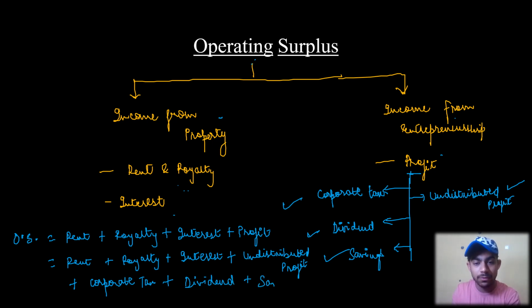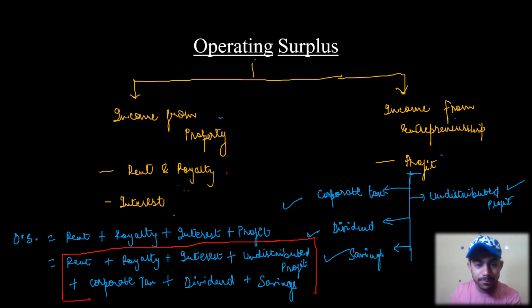This is the formula for operating surplus. So if in the numericals operating surplus is given, then no need to consider all these things: rent, royalty, interest, and profit. You only have to add compensation of employees to get the factor income.